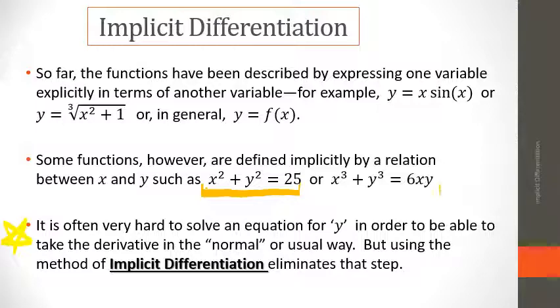This one, x cubed plus y cubed equals 6xy, would be much more difficult to solve for y. So some of them we can solve for y, as you can see up above here. We have a few solved for y, but it's not always possible to easily solve something for y, like the red ones. So that's why we need to know this method. And I think it's always important in math to know why you're doing something. It's not just to add more to your plate. There's a reason for it.